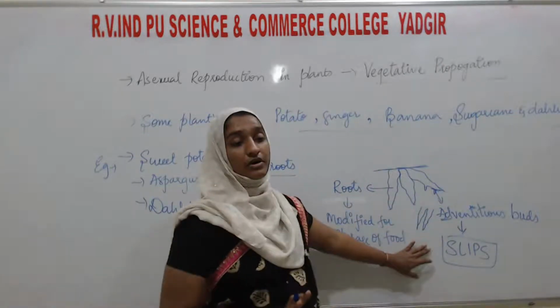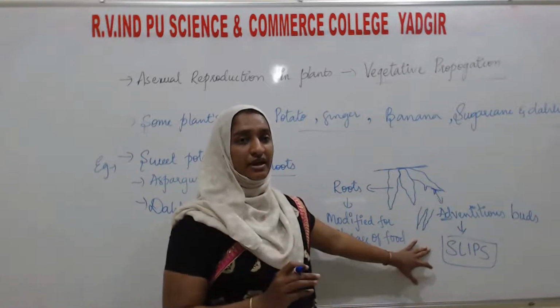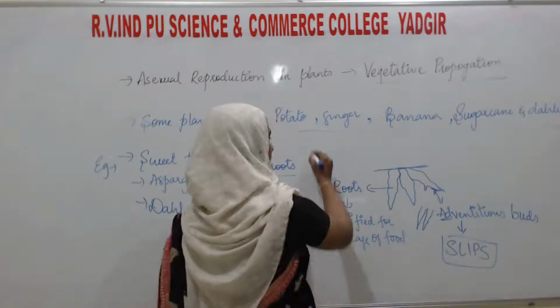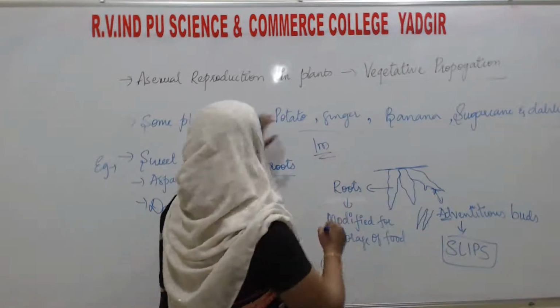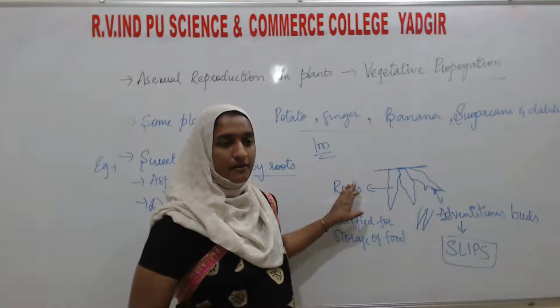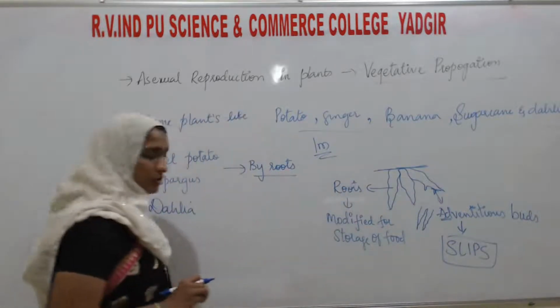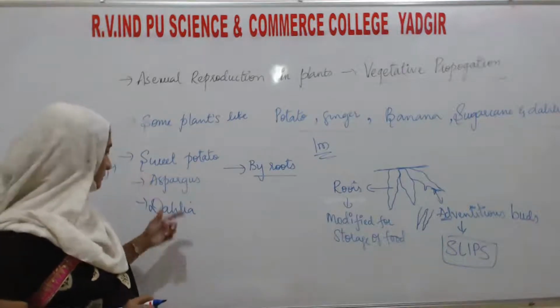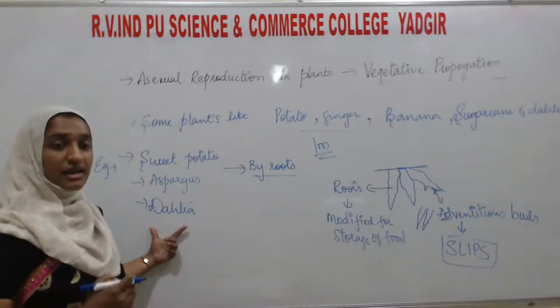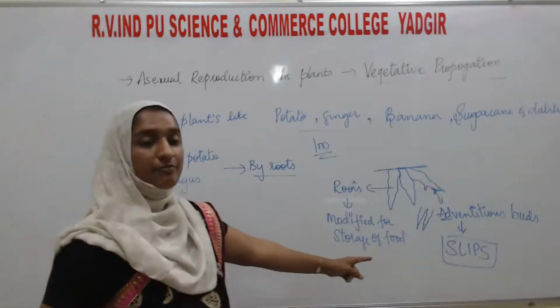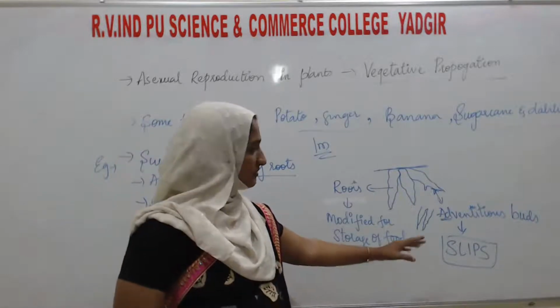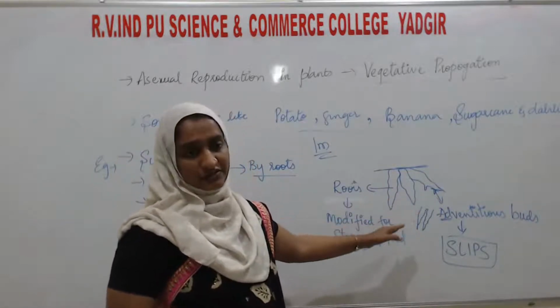This is very important. How the question will be asked: for 1 mark they will ask about vegetative propagules. What is the vegetative propagule of sweet potato, asparagus or dahlia? At that time, you have to write the slips. Slips are the adventitious buds.